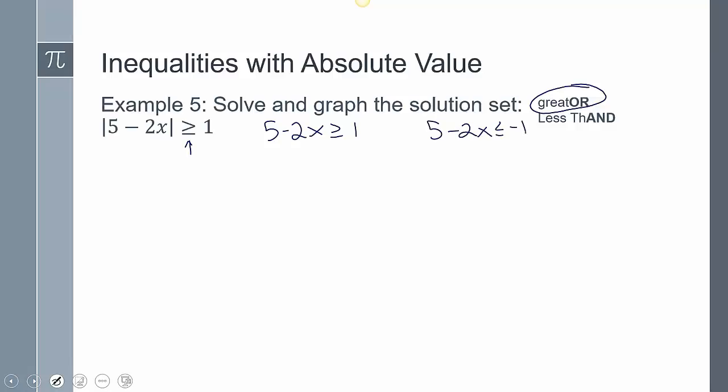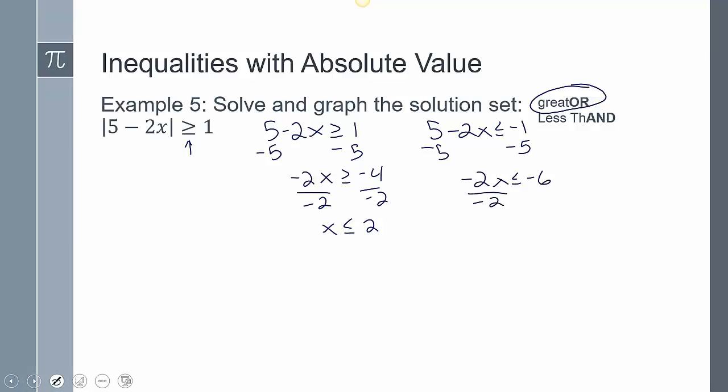Now from here we just solve for x. We subtract 5 on both sides, and I get 2x is greater than or equal to -4. Divide everything by -2, and I get x is less than or equal to 2. On this side, subtract 5, I get 2x is less than or equal to -6. Divide everything by -2, and I get x is greater than or equal to 3.